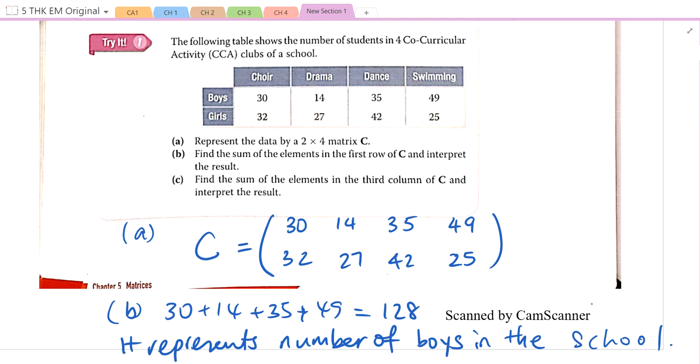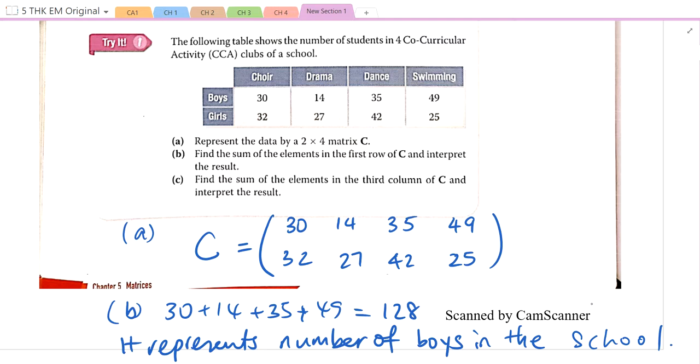So this is where students tend to lose marks, because they make assumptions. It is not entirely wrong to say that there are 128 boys in a school. If there are only 4 CCAs, and if everybody has to join a CCA, then you are right. Yes, there are 128 boys in a school, but you made a lot of assumptions.